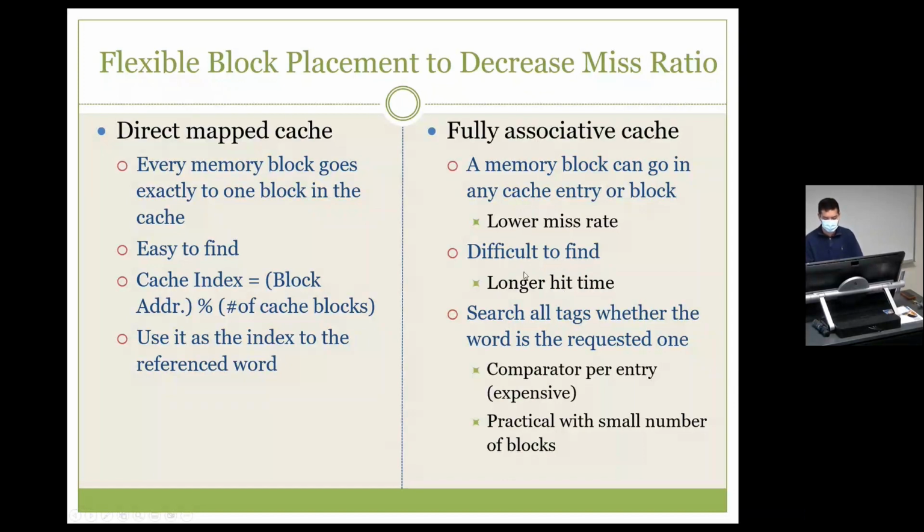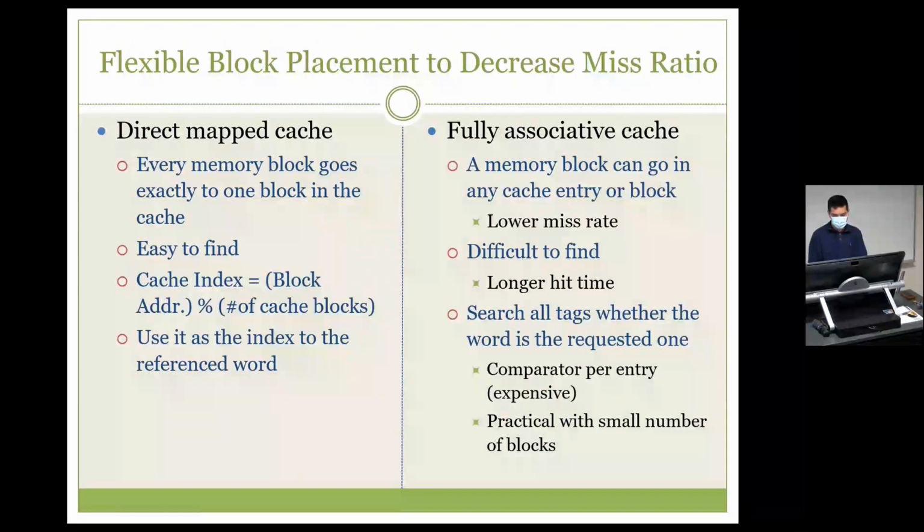So this could lead to longer hit times, and we need to do more comparisons. Another thing is that you might want to have a smaller number of block locations, because we have to check all of them, compared to the direct map cache.